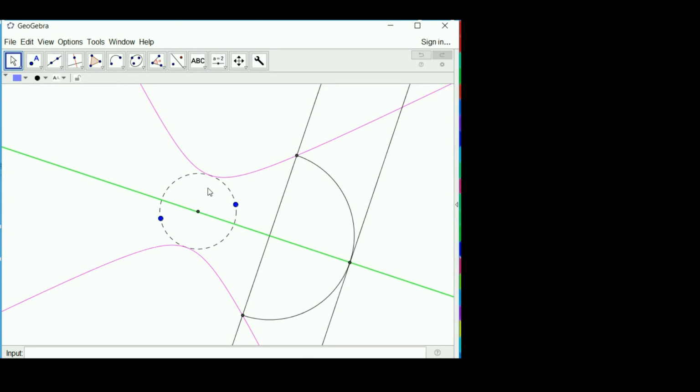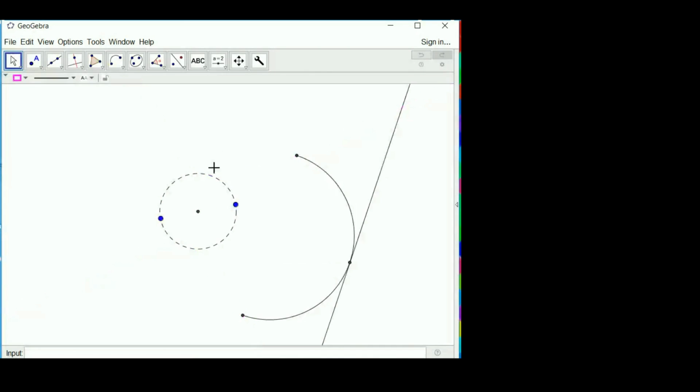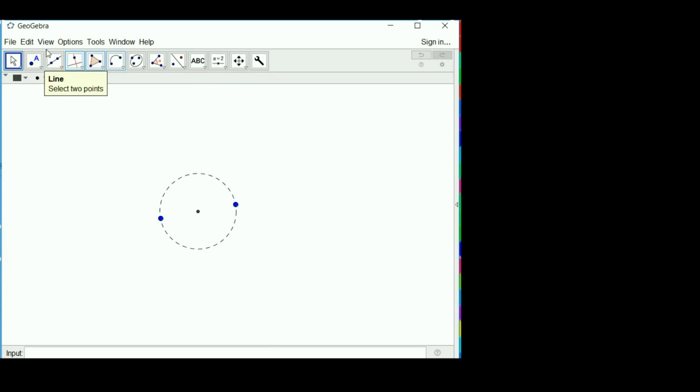So let's just do some rubbing out now. So suppose we have a couple of imaginary circles. So we can draw another one over here.